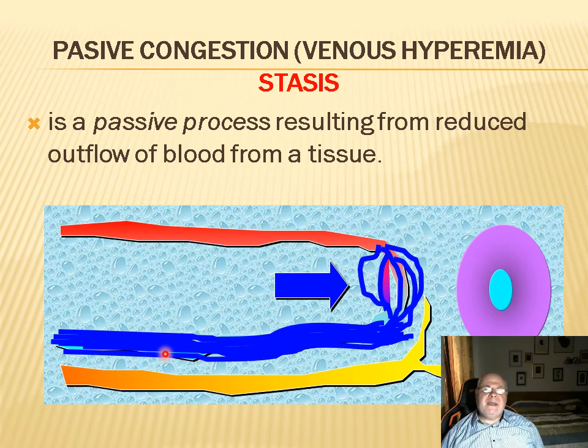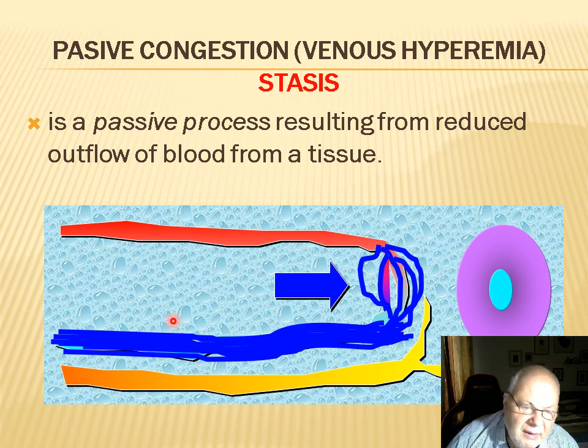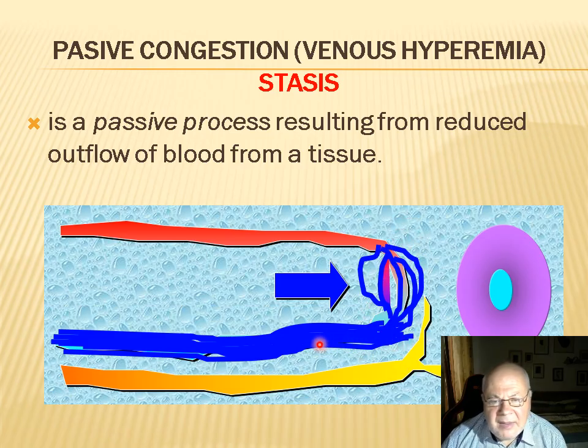Another equivalent name is venous hyperemia, but here in Romania we prefer to call it stasis. All these are equivalent: passive congestion, venous hyperemia, or stasis. And it's the result of a compression, of an obliteration of the lumen of a vein. The result is blood accumulating in the capillaries.